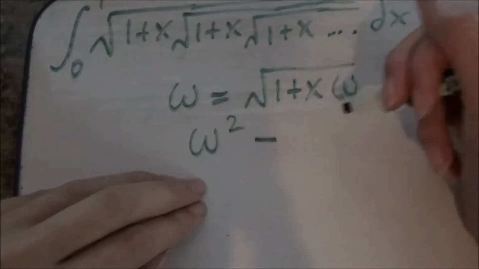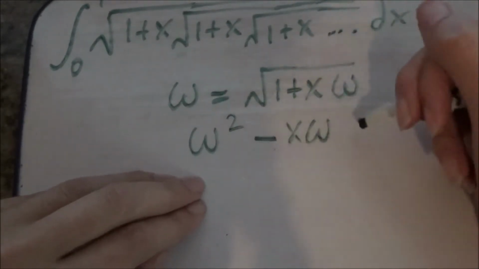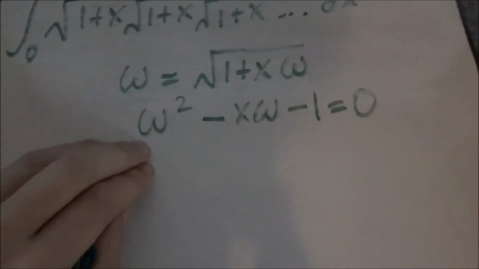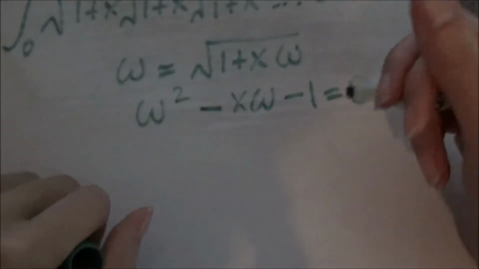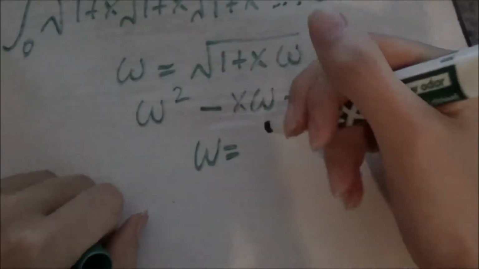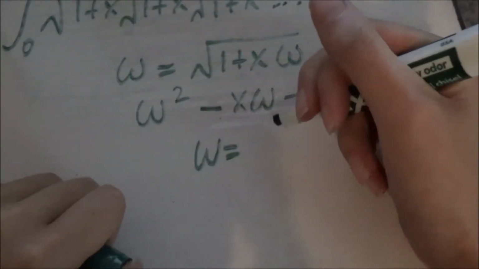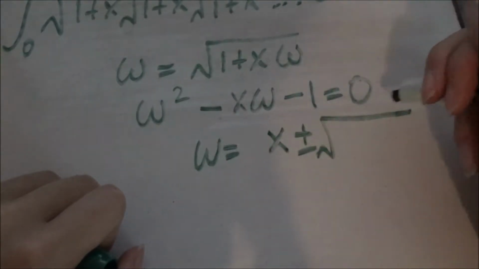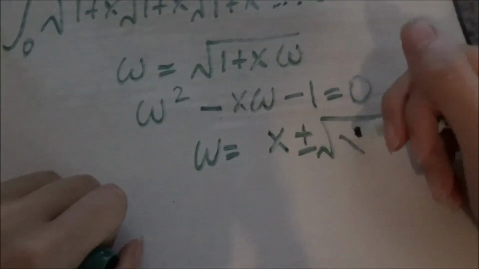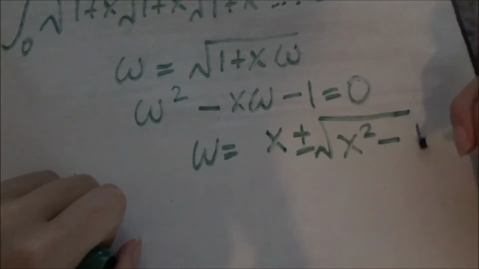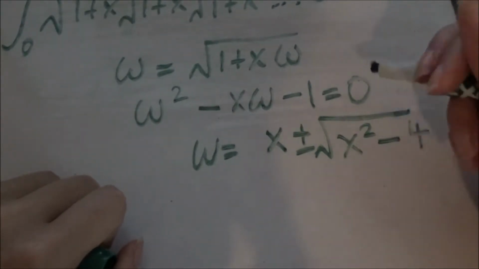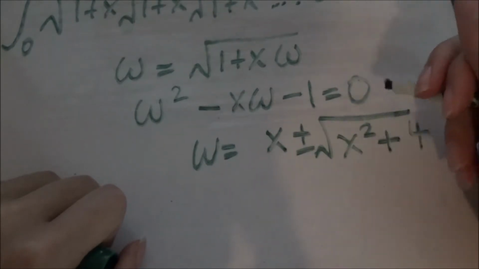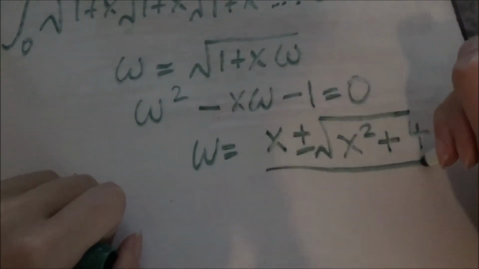Minus xw minus 1 equals 0. Use the quadratic formula. So w is equal to negative b, in this case it's positive, plus or minus the square root of b squared minus 4ac, so that's plus 4, all over 2.